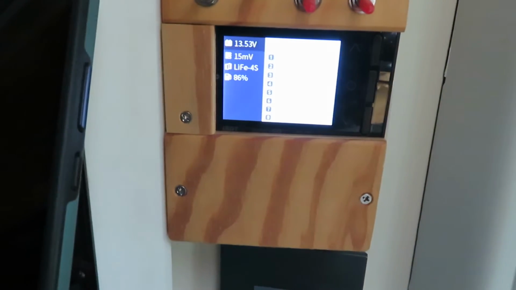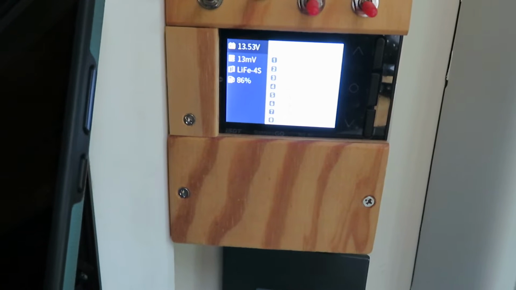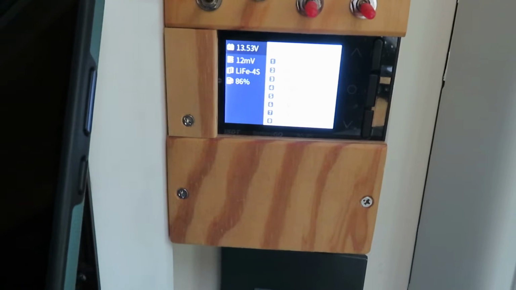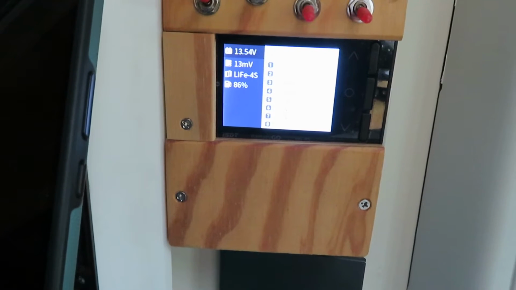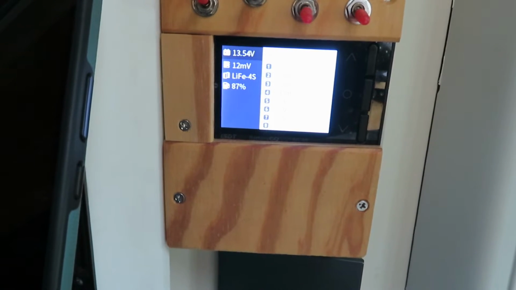And let's take a look at the left hand side battery. And the left hand side battery imbalance is 12 millivolt. It's also 13.5.